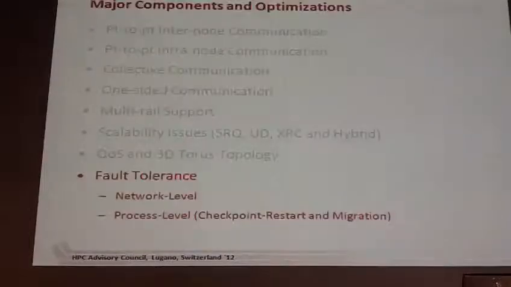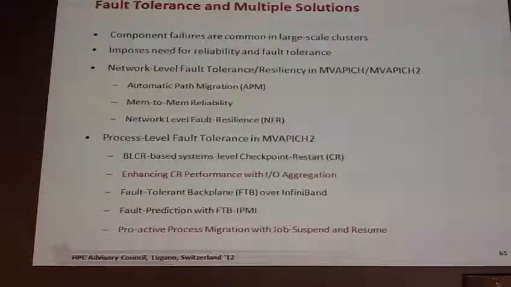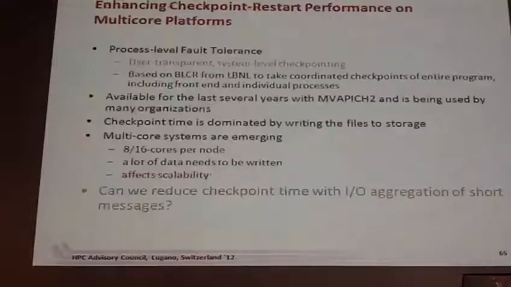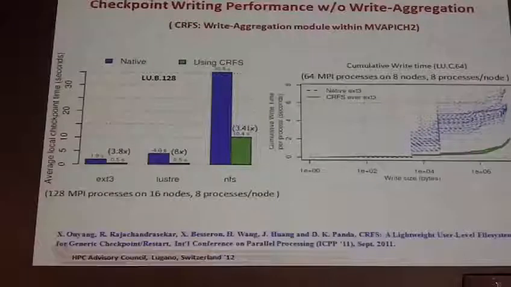And finally, just to touch on fault tolerance, there is a lot of focus on fault tolerance. We have proposed a lot of solutions over the last time. Let me touch a little bit on CR and migration. Especially on checkpoint restart, we have again taken advantage of the shared memory concept.